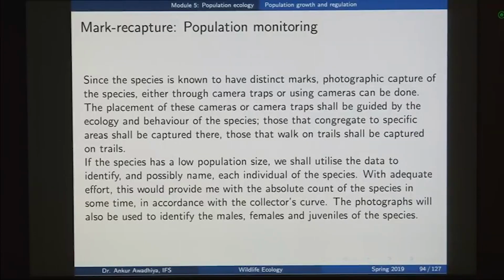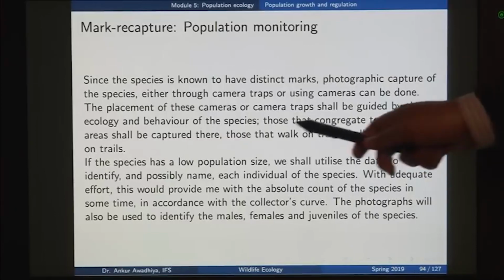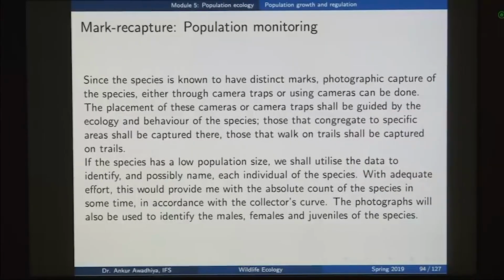So, it prefers a cleaned out area. You can put a camera trap for the case of tiger on a trail, or for those animals that congregate to specific sites. An example is that of cheetal. Cheetal congregates in the grasslands in the night time. So, if you want to take those pictures, you can put a camera trap there as well.